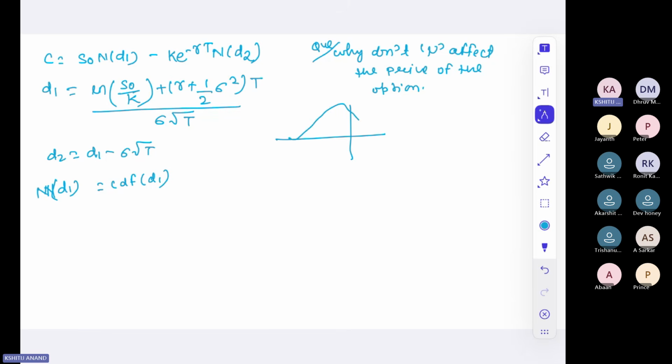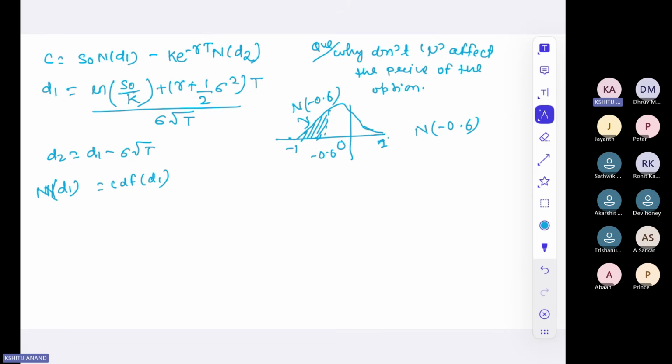Let us suppose you're finding N of minus 0.6. If the center is 0, and there are points 1 and minus 1, then if there is a certain point at minus 0.6 over here, this is the area that you are considering. This area is called N of minus 0.6. This is the cumulative distribution function.